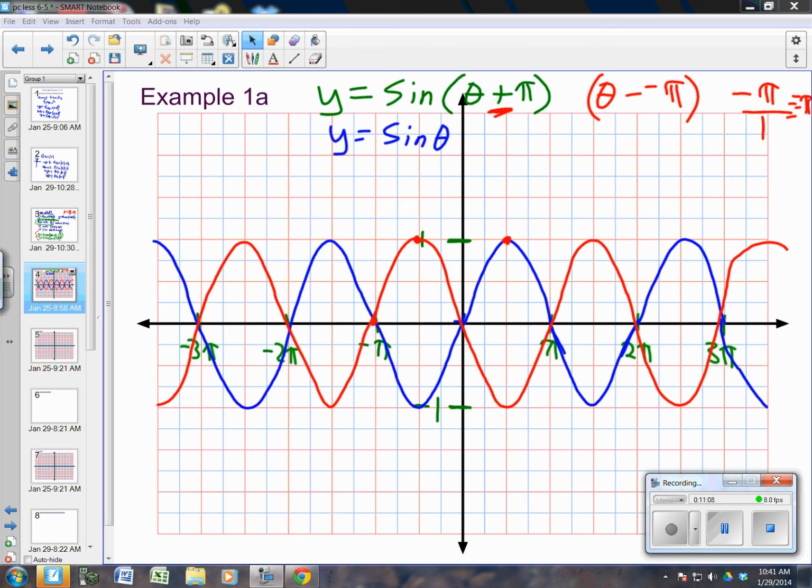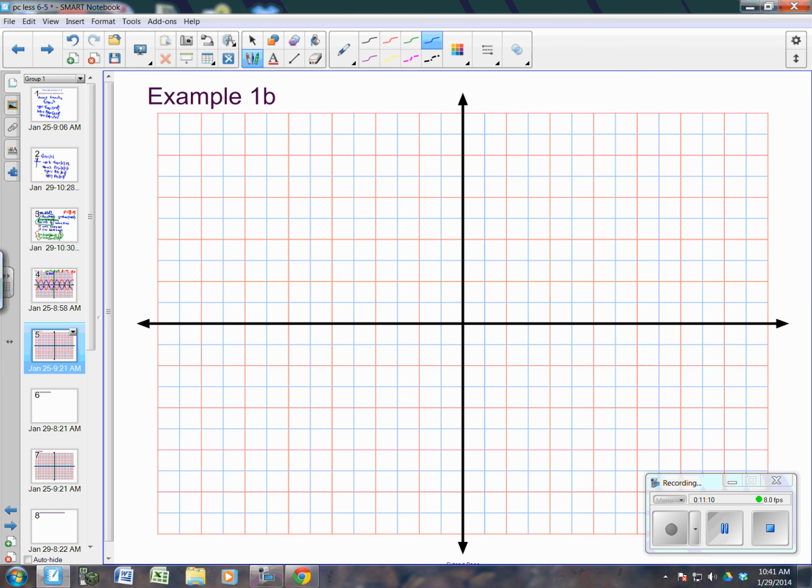Okay, next one. I want you to do this example right here. y equals the cosine of 2 theta minus pi halves.